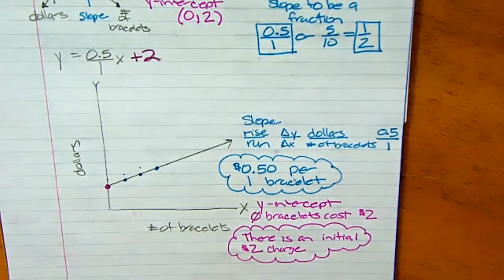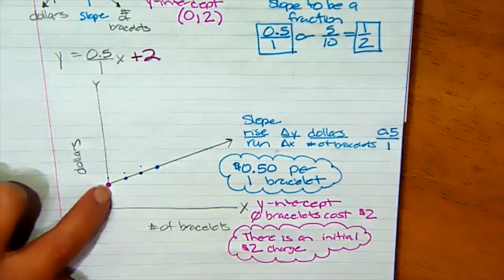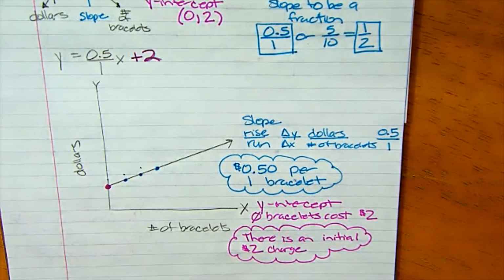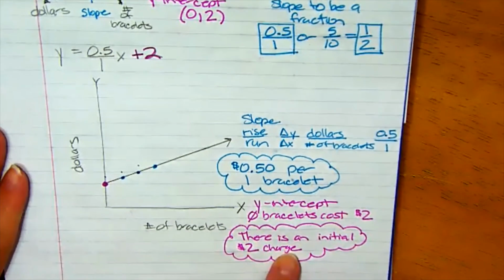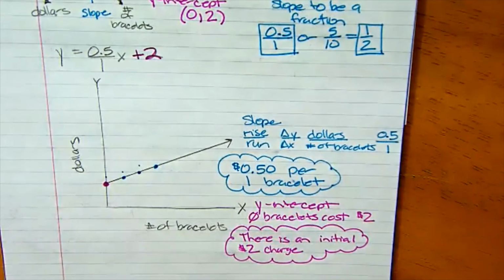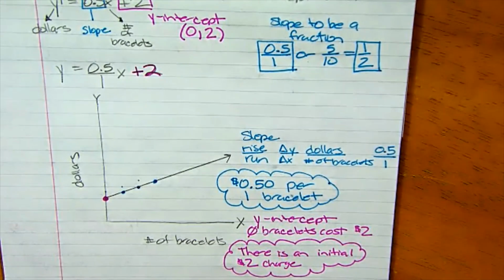It costs $2 to mail a bracelet. So you have to pay the $2 up front before I start making bracelets. I don't know. But it means there's an initial $2 charge before you start making bracelets. So we don't have any new math here. We're just interpreting the math we already know how to do.